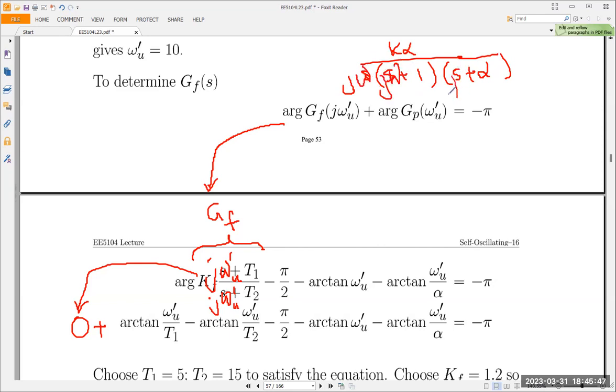For 1 over j omega, the phase is minus pi over 2. The phase of this, just like before, is arctangent of omega u prime over 1, because T1 is 1. Then the phase of this is arctangent of omega u prime over alpha. Then the whole thing must be equal to minus pi.